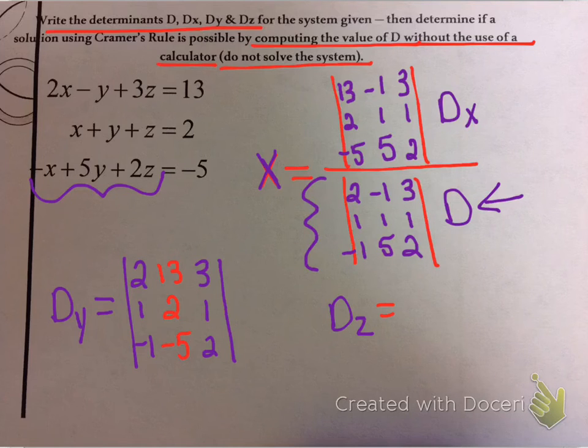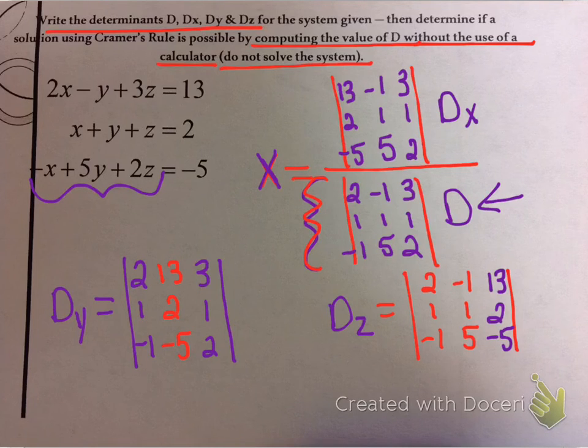And then Dz, once again, is going to start out looking like our coefficient array. I'm going to leave the x column alone. I'm going to leave the y column alone. And this time, it's going to be the z column that gets replaced with the 13, 2, and negative 5.